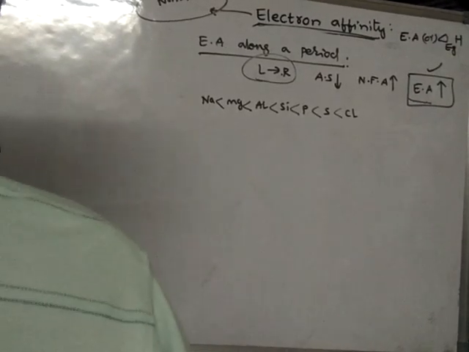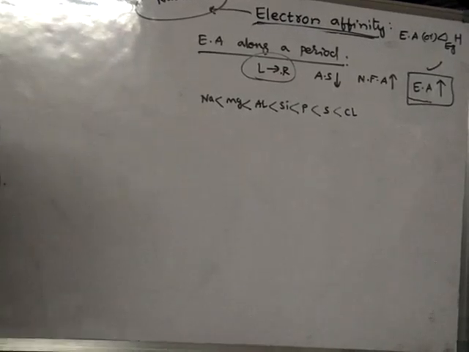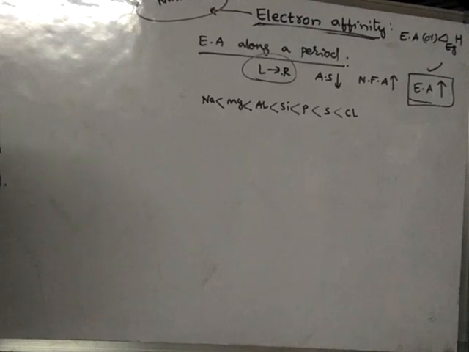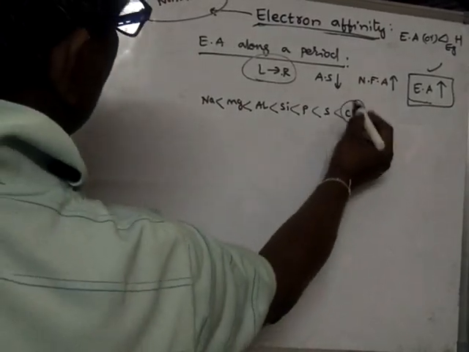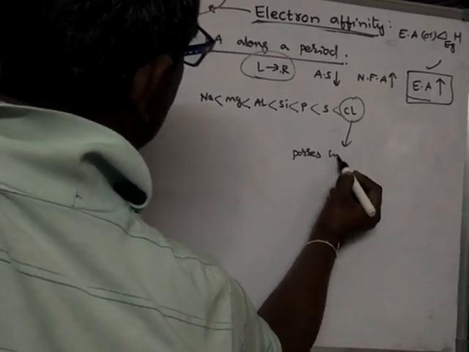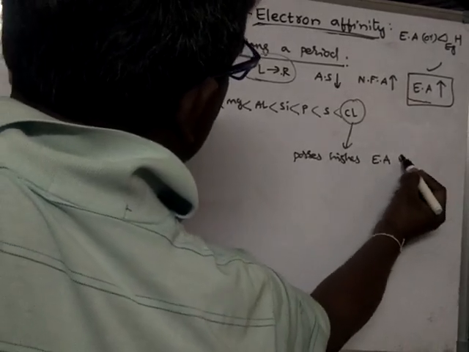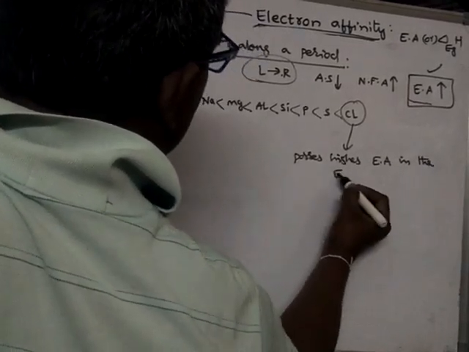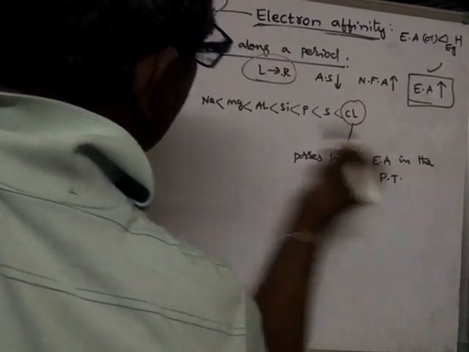And one more thing. Which element possesses the highest electron affinity in the entire periodic table? Chlorine possesses the highest electron affinity in the entire periodic table.